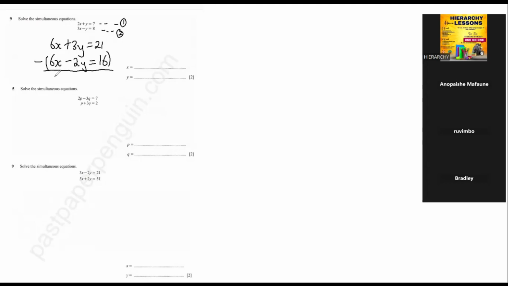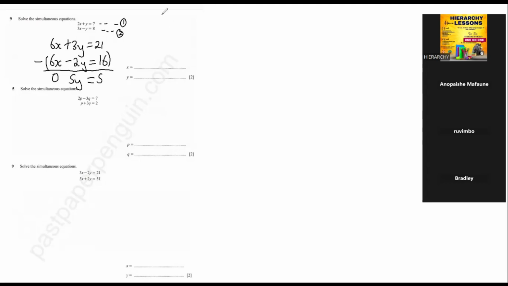We get y. Okay, so 6x minus 6x is 0, right? And then 3y minus 2y is 5y. Yes, so we get 5y is equal to 21 minus 16. What do you get? 5.